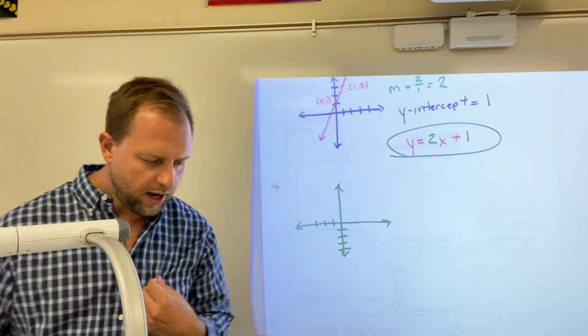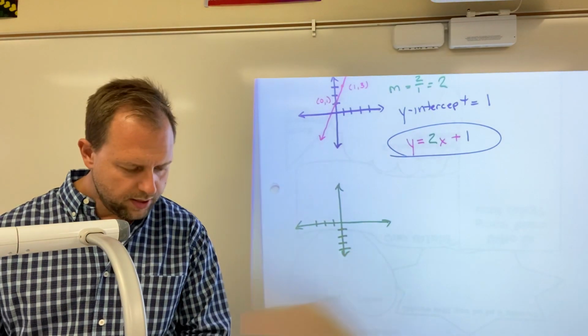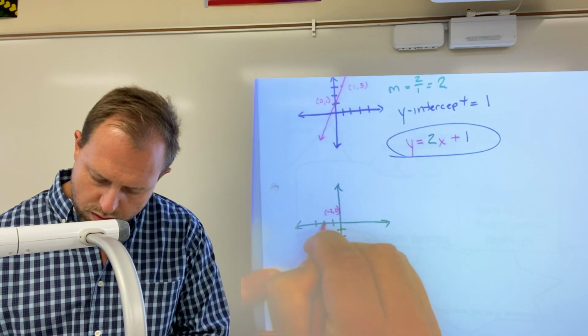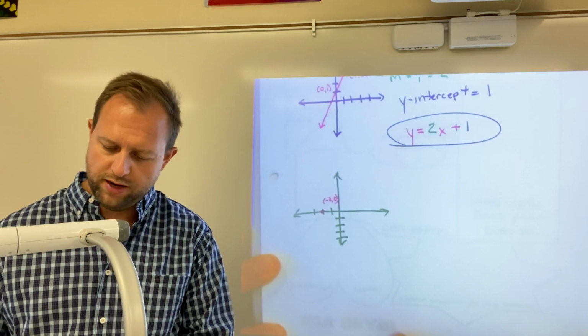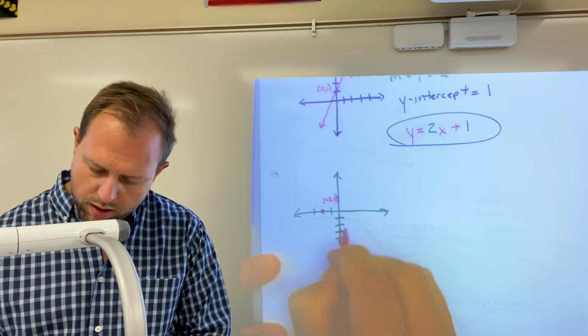And let's say I give point -2 comma 0, which is actually the x-intercept. We'll talk about that in a later video this week. And 0, -3.